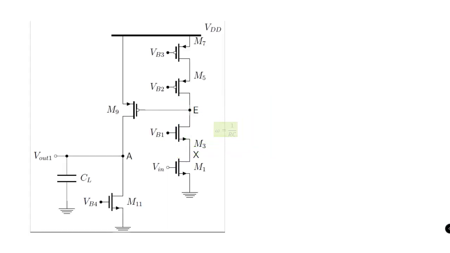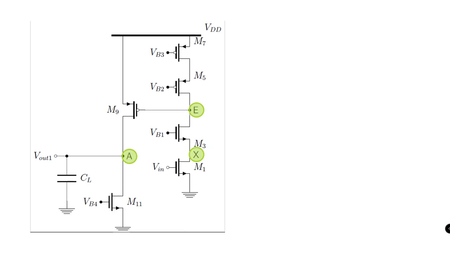So now, when a small signal Vin is applied, this creates a small signal current that flows through M1, M3 and M9 transistors. This signal path basically creates poles at nodes E, X and A.